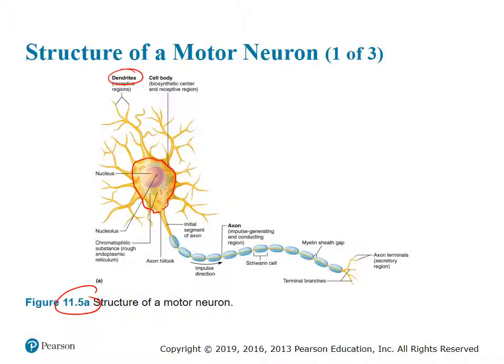One special extension out of the cell body here is called an axon. That is our axon. One special process that extends all the way out is called an axon. Okay?